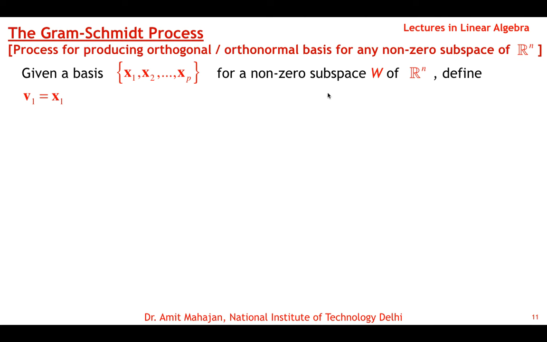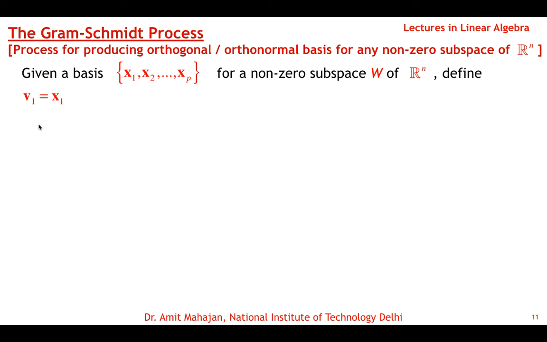To produce an orthogonal basis from any basis, we take the first vector of the given basis as the first vector in the orthogonal basis. So we take v1 equal to x1, where v1 is now a new vector in the orthogonal basis.